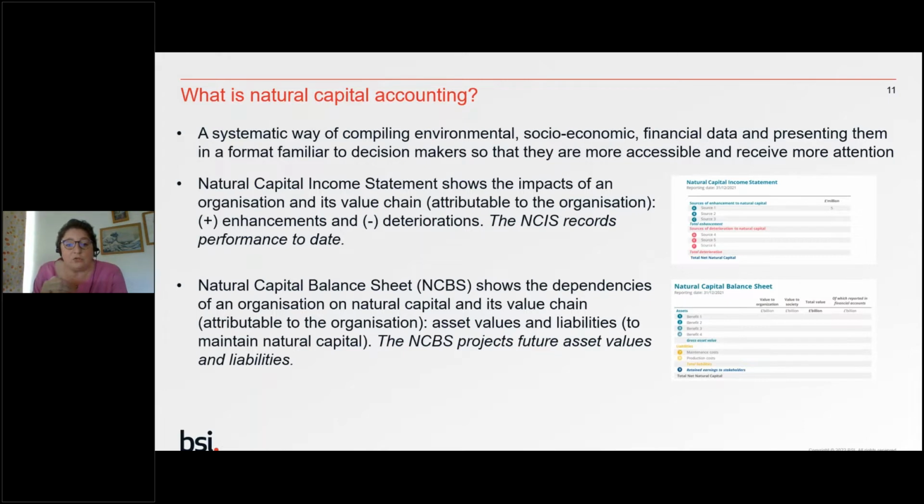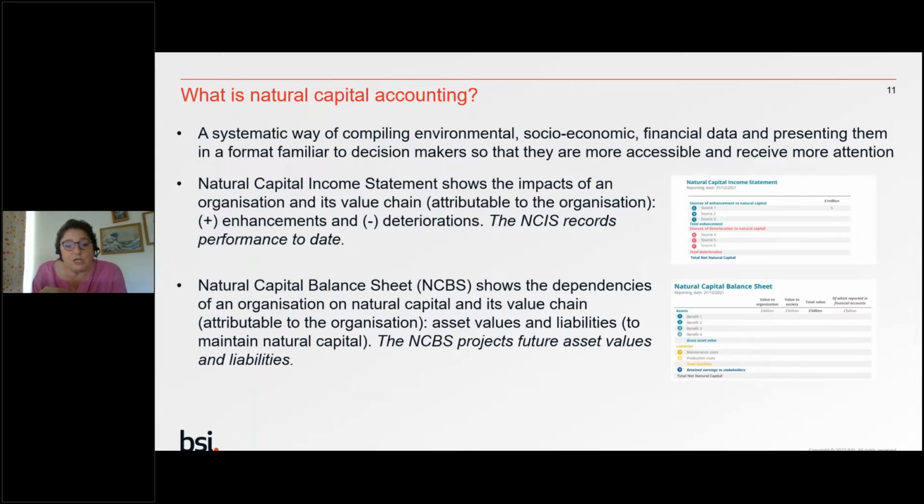And it also shows the liabilities, and liabilities are defined slightly differently here. They are about what the organization are legally or voluntarily obliged to do in terms of maintaining the quality and quantity of natural capital assets they depend on.